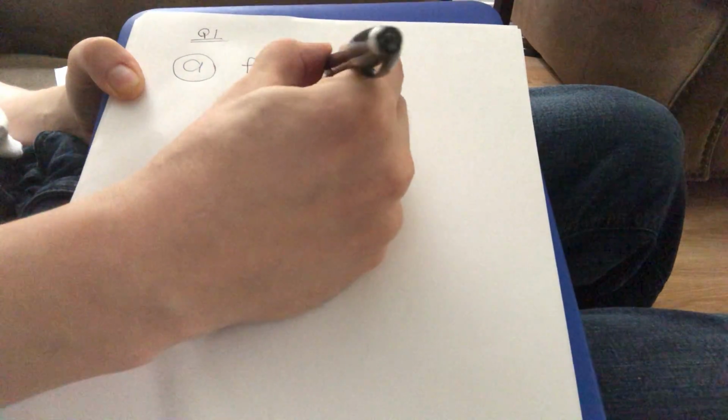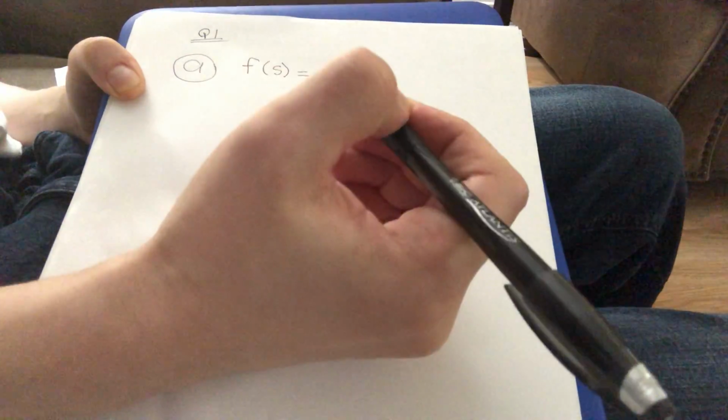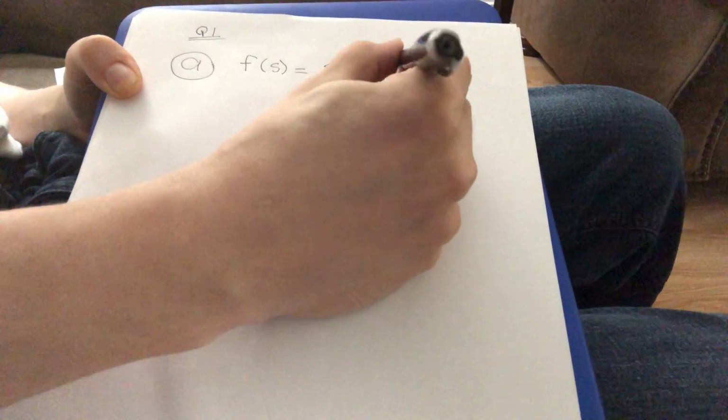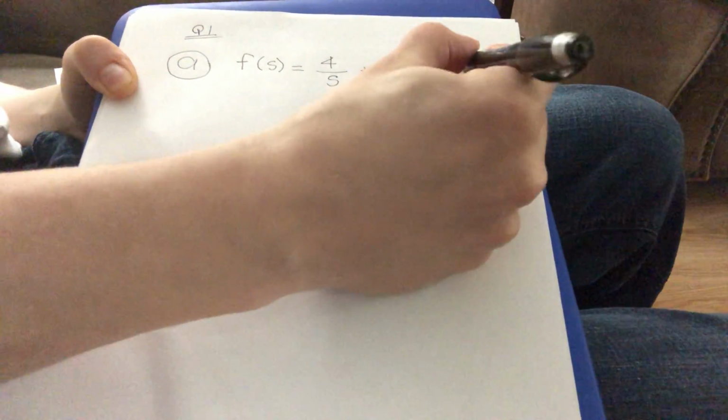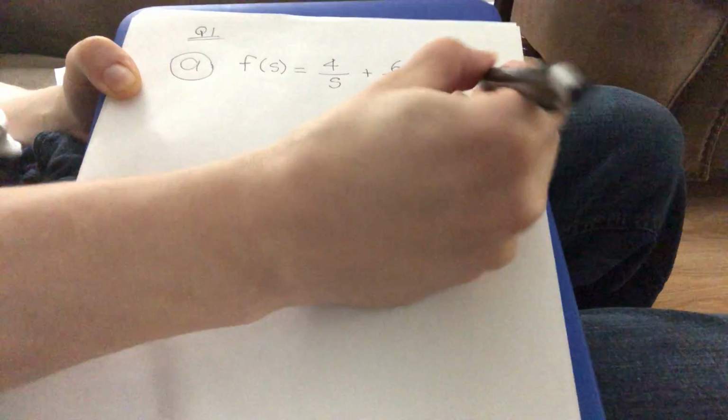Now, if you look at the first question, it's the idea of reverse Laplace transformation. So the first question, A: what if you have a function in terms of Laplace, 4 over s, 6 over s squared, and 1 over s plus 8?